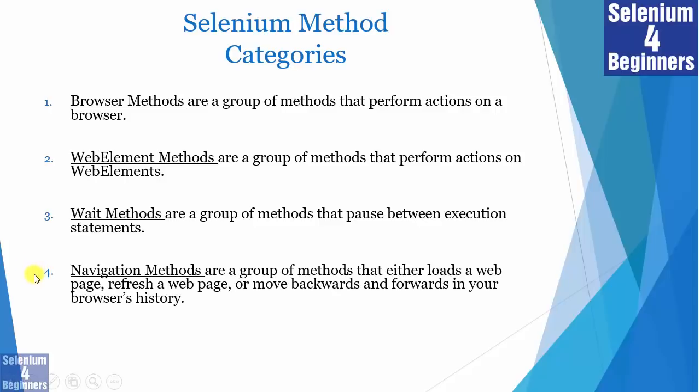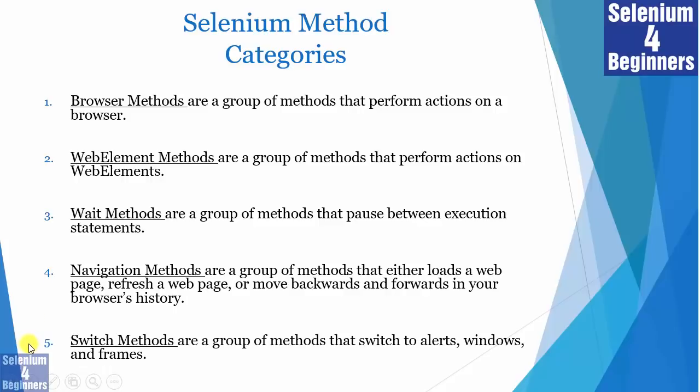Navigation methods are a group of methods that either load a web page, refresh a web page, or move backwards and forwards in your browser's history. You know how you leave one page and want to go back to the previous page? Navigation methods will help us perform actions such as going back to the previous page.